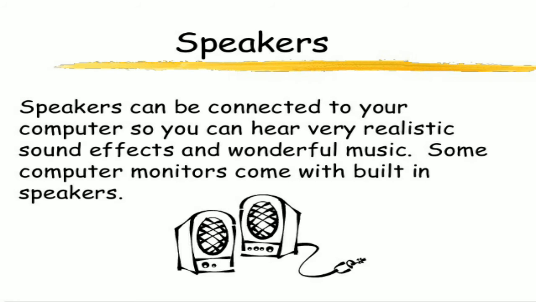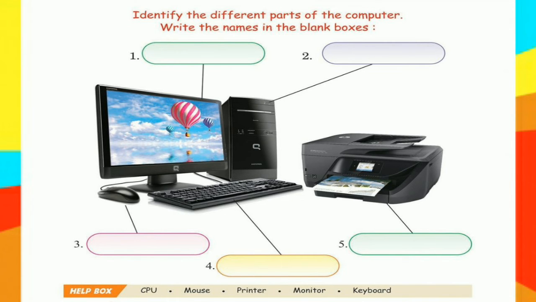So children, now we are doing some exercise on it. You all are right with me, children. Identify the different parts of the computer. Write the names in the blank boxes. Here we can see computer devices and all the parts of the computer. Firstly the printer, then the CPU, the brain of the computer, then the monitor.